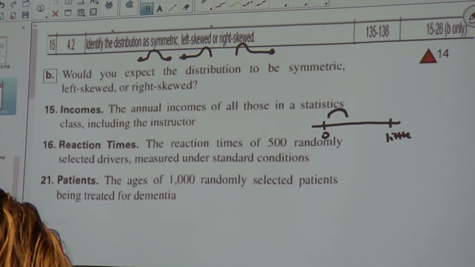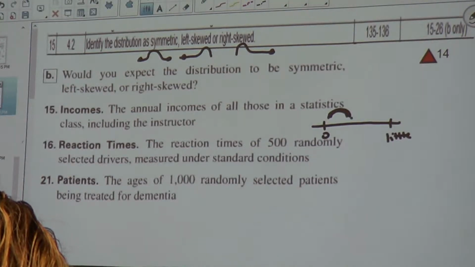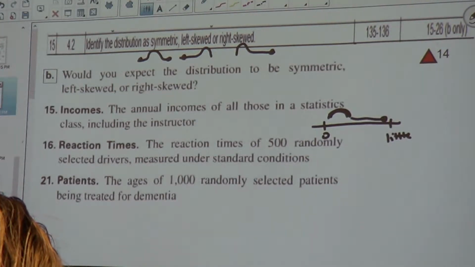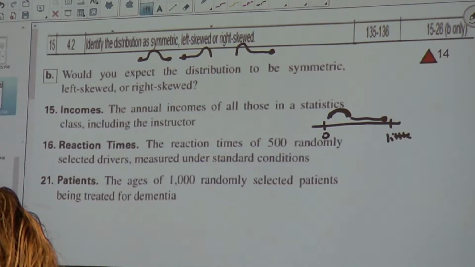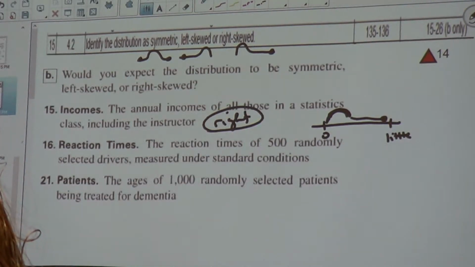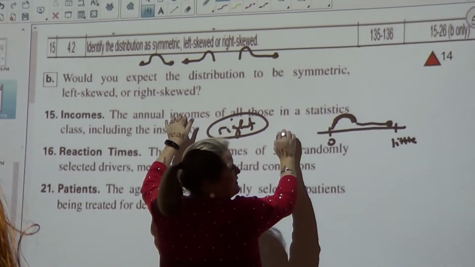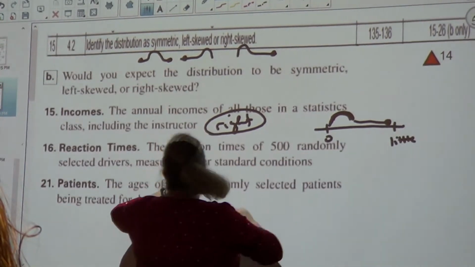So most of the students are going to be somewhere here. The teacher is probably going to make just a little bit more than y'all. So is this left skewed, right skewed, or symmetric? This one's going to be right skewed, because you can't go past 0 because it's your income. It's not how much you owe. You can't have an outlier over here because you can't make a negative amount in salary.